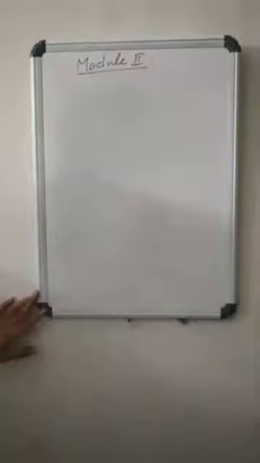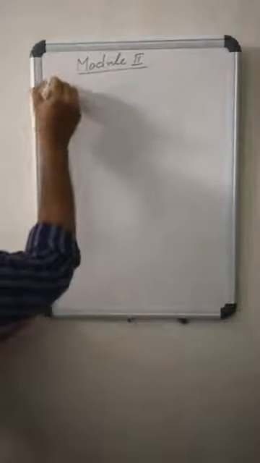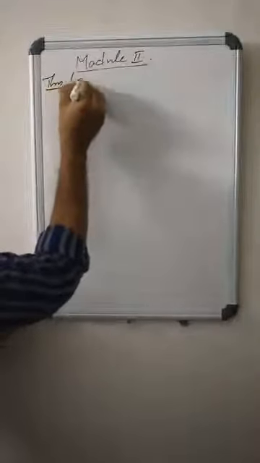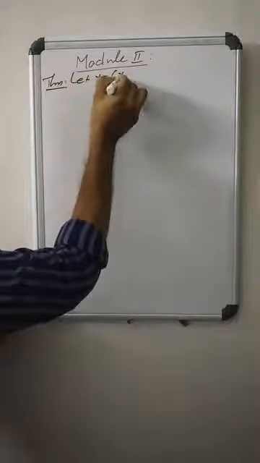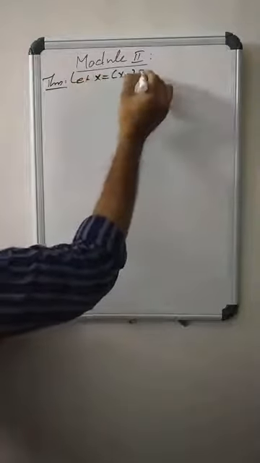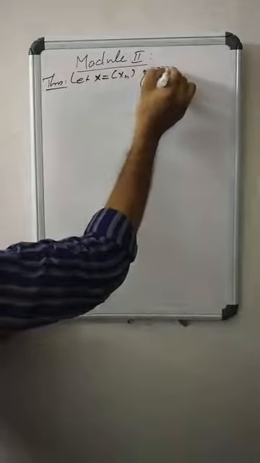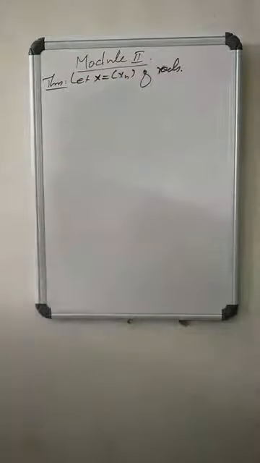Now, by using these arguments, we have a result. As a theorem, let X equals (xn) be a sequence of real numbers. Then the following statements are equivalent.